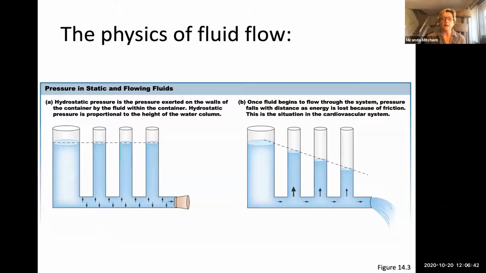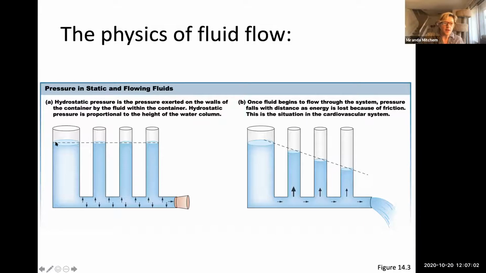Okay, so let's look at the physics of fluid flow first, and then we'll apply this to the cardiovascular system. On the left side of the figure, we're looking at this type of tubing that has, first of all, a stopper in the end here.